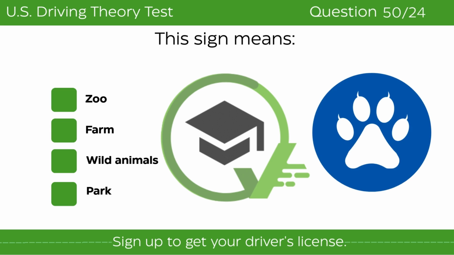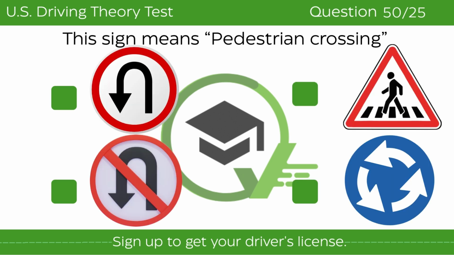Question 24. This sign means C. Wild animals. Question 25. This sign means pedestrian crossing.